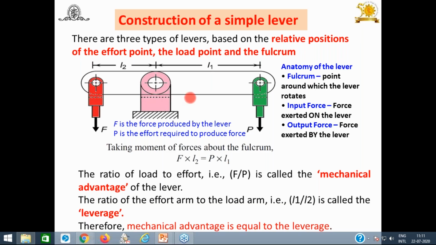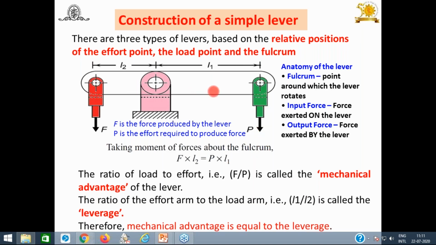This is the simple construction of the lever, but here you will find the three classifications of the lever based on the position of the pivot. In the first case, look at the simple lever: the pivot is in the middle, in between the load and the effort.